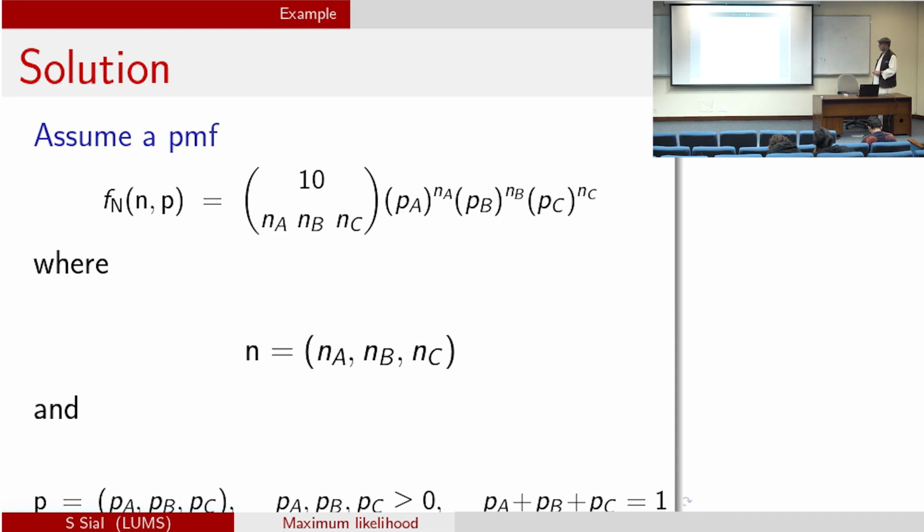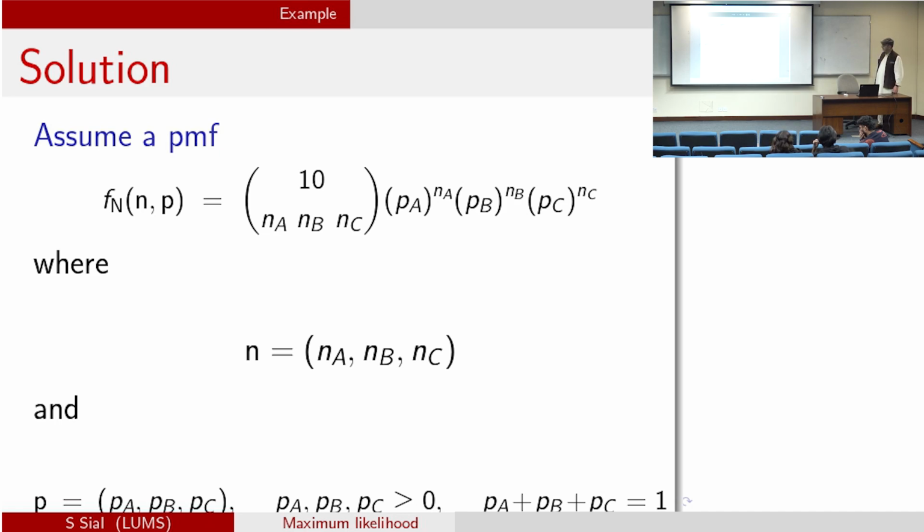That's 10 factorial over n sub A factorial, n sub B factorial, n sub C factorial, times the probability of A to the power n sub A, the probability of B to the power n sub B, and the probability of C to the power n sub C. That's your multinomial coefficient. Okay, I can think of n as a vector if I want, with entries n sub A, n sub B, and n sub C.